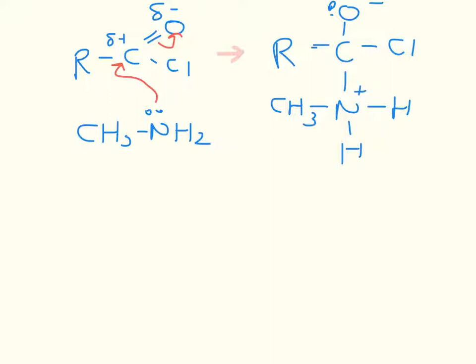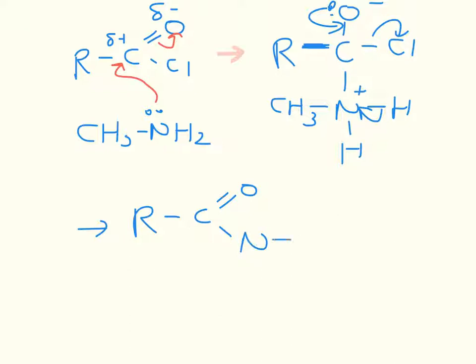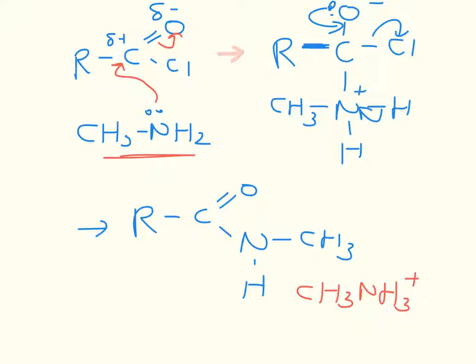And then the lone pair can come down to form the double bond. The chlorine leaves and the H leaves as well to give you R, C double bond O, and then this N-substituted amide like so. And you'd also make HCl, which would react with another methylamine to give you CH3NH3 plus Cl minus, like so.